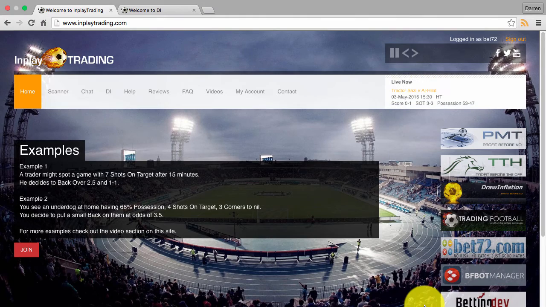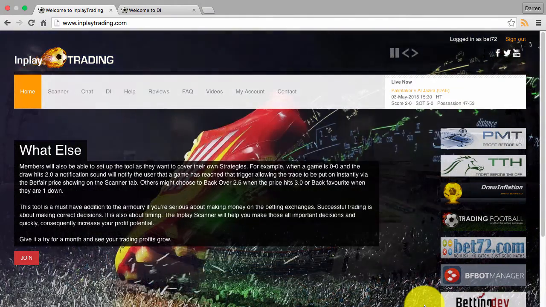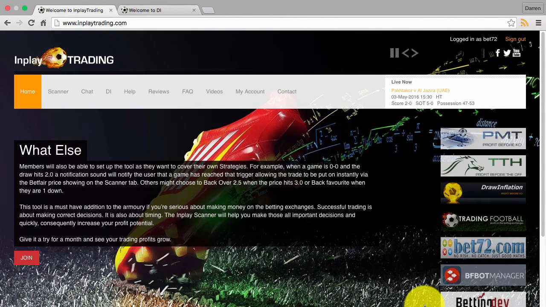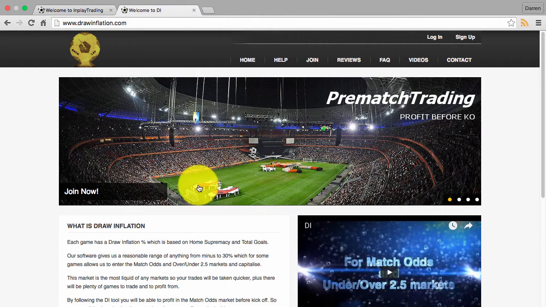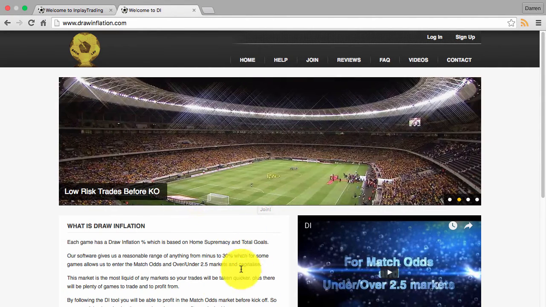But a great innovation today, and certainly anybody who's a member will have noticed an additional option which has appeared when they log in to the site, and it's the DI tab, which appears now at the top. DI stands for draw inflation, and this is an embedded version of the draw inflation site, which you may well have seen as part of the pre-match trading group of sites.